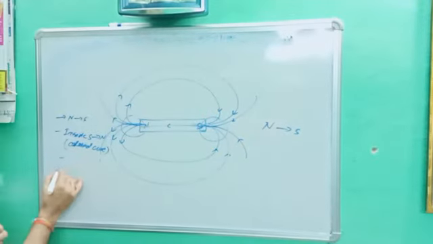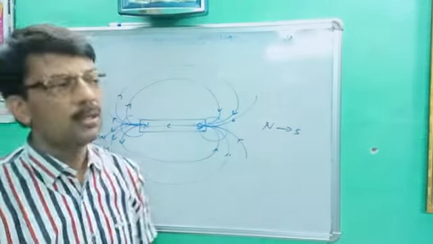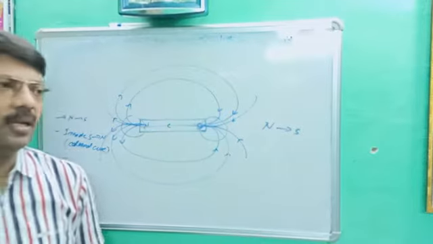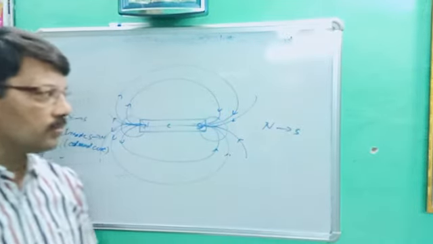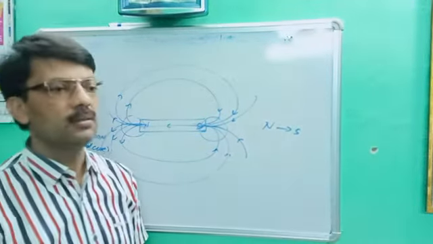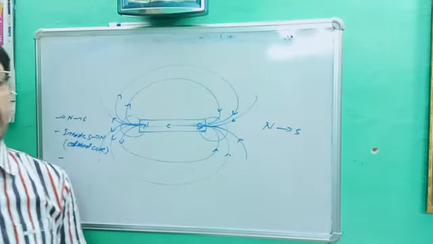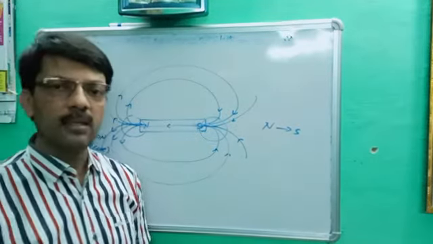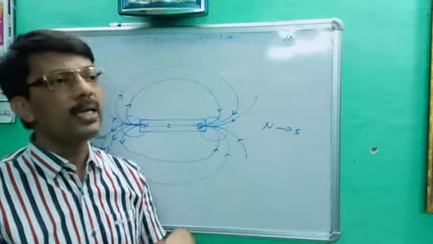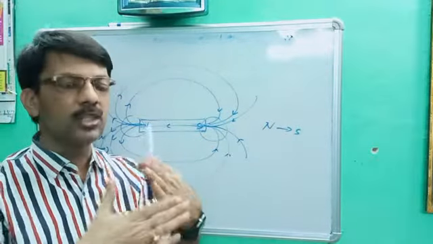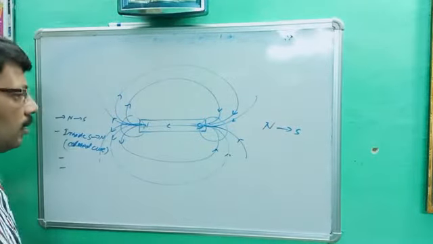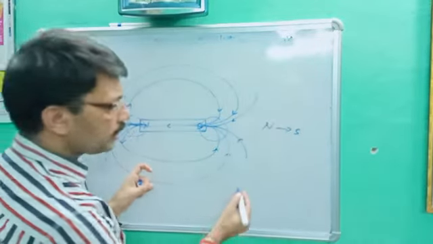And the last point is very, very important. Two lines of force do not intersect each other. Very important point. In exams, it is asked many times why they do not intersect, meaning why they do not cross each other. So the answer is here. Write the answer.